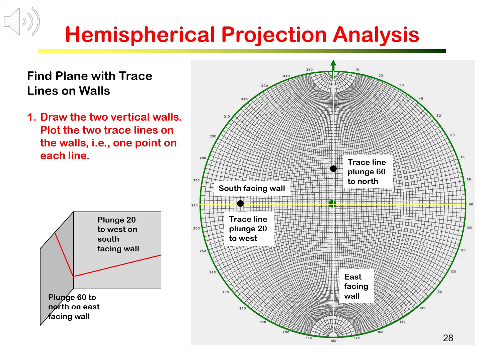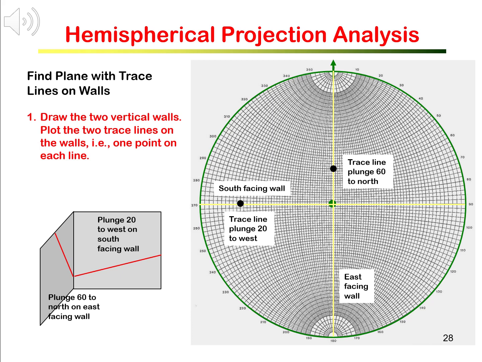We have the trace lines plunging 20 degrees to the west on the south-facing wall, and another plunging 60 degrees to the north on the east-facing wall, as shown in the diagram below. We start by drawing the 2 vertical walls.